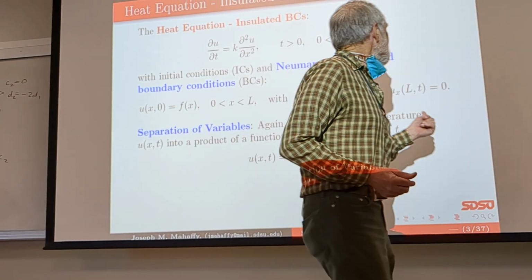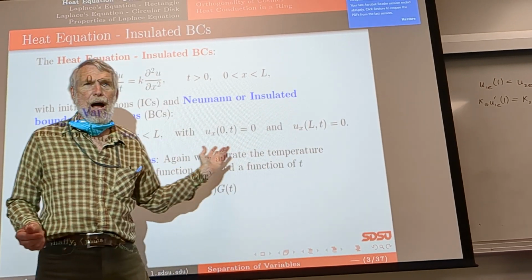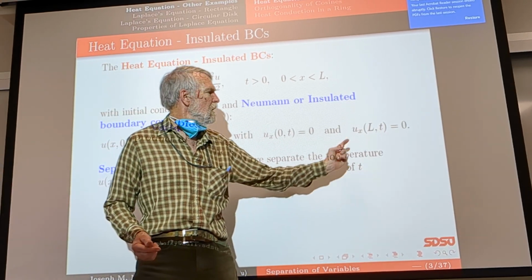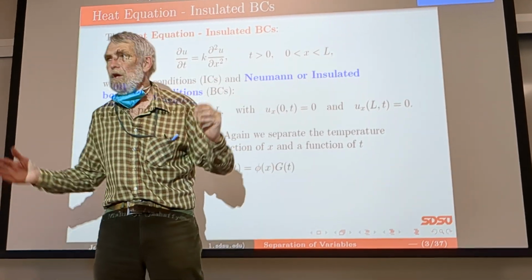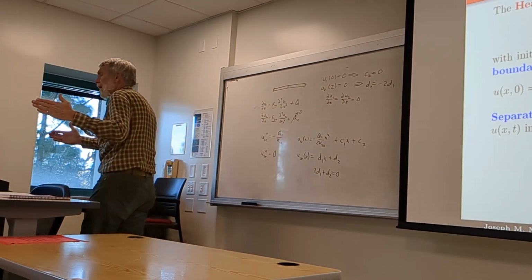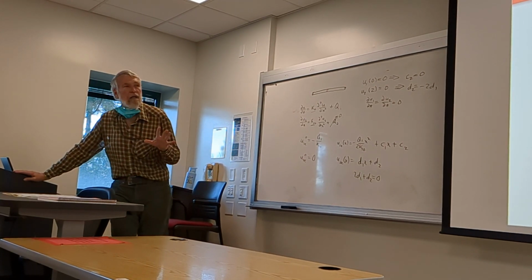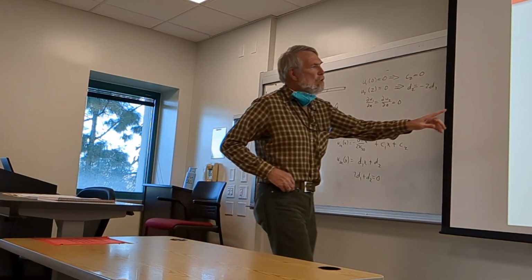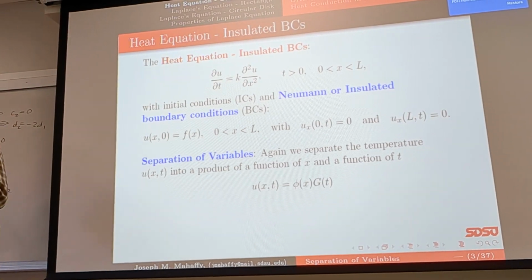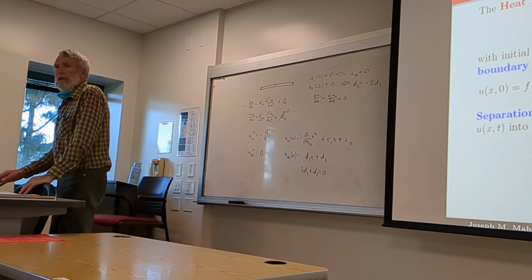Now, this is no longer Dirichlet, is it? This is Neumann conditions, because we have the partial of u with respect to x at 0 and L. So we're insulating the two ends on this. Okay. Now, going with your intuition, if I have u of x and 0 being f of x, what should be the steady state temperature of this?